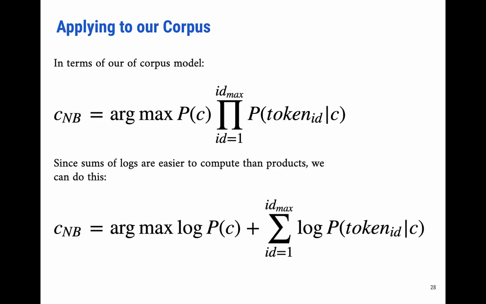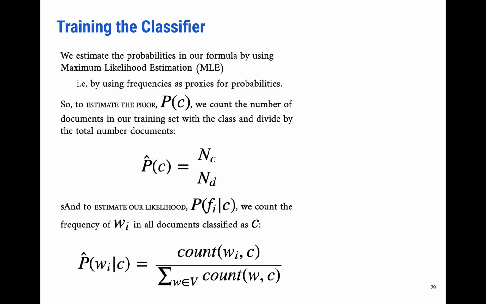Because when we actually get to the computation of the likelihoods, we may end up with just a zero value, since these are very small numbers, and when you multiply lots of small numbers, you get what's called underflow, and you may end up with zero. So instead, we prefer to do these things using the logs. So that's the basic mathematical foundation of the naive Bayes approach.